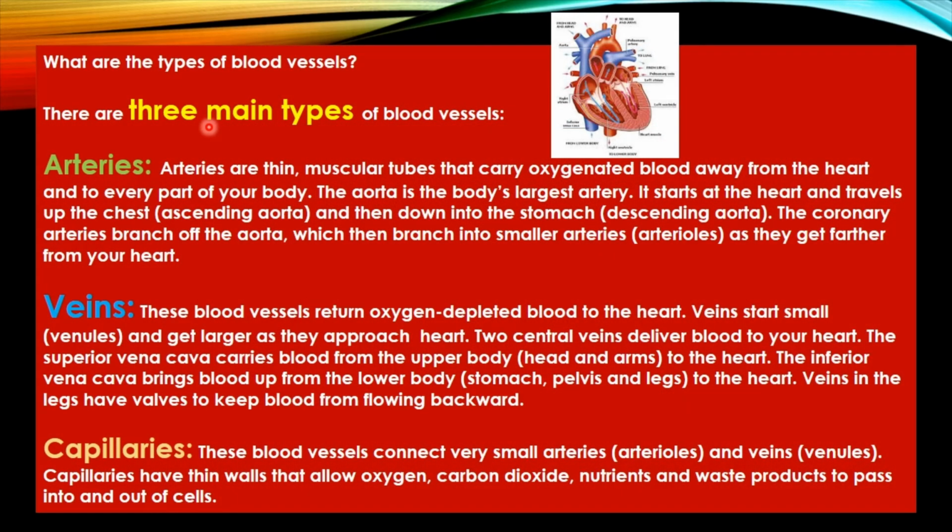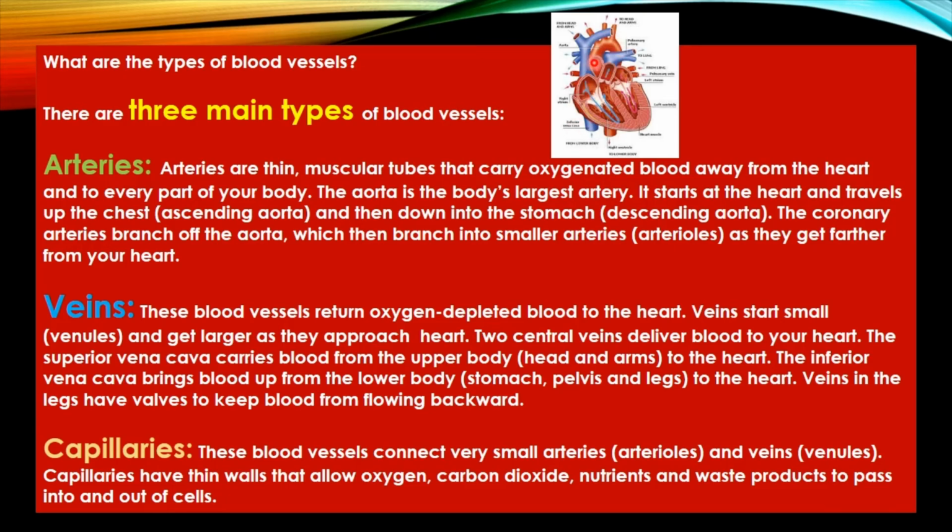Now coming to the three main types of blood vessels: arteries, veins, capillaries. Arteries are thin muscular tubes that carry oxygenated blood away from the heart and to every part of our body. The aorta is the body's largest artery.